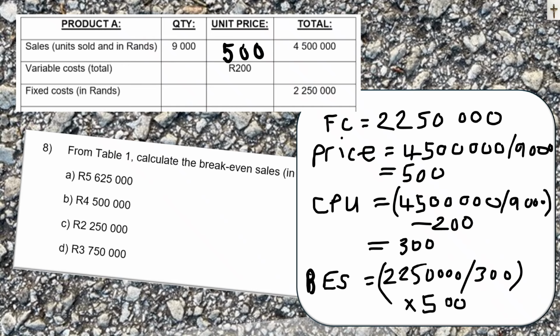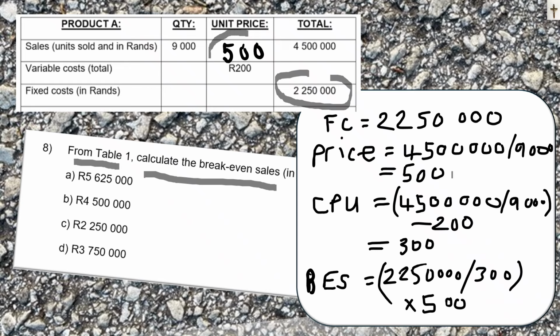Right, the next one, it says from table 1, calculate the break-even sales. Now the fixed cost was given to us, 2.250 and 3 noughts. The price was 500 per unit.